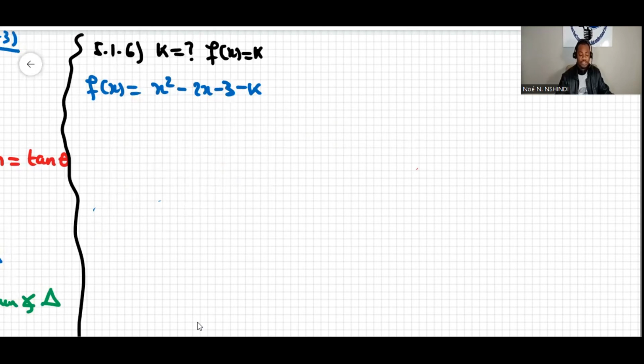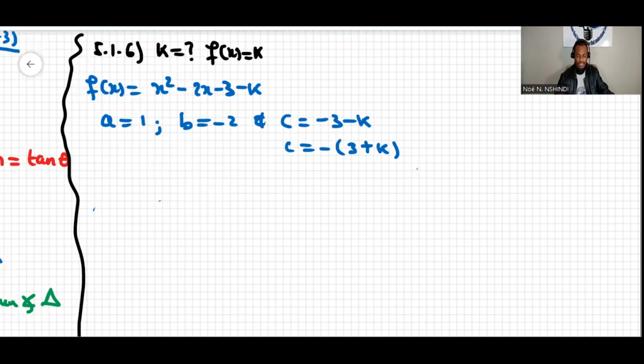It is important to note that the value of a here, the coefficient of x squared, is equal to 1. b here is equal to negative 2, and c is equal to negative 3 minus k, which can be written as minus 3 plus k if I take the negative sign out.